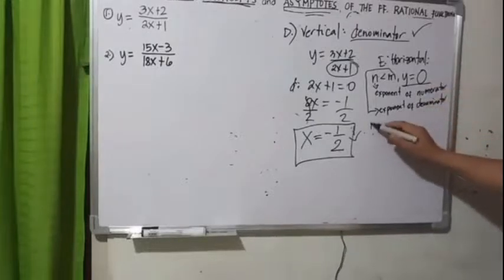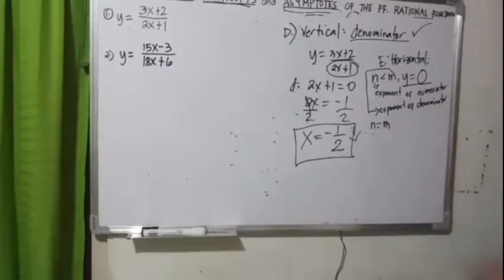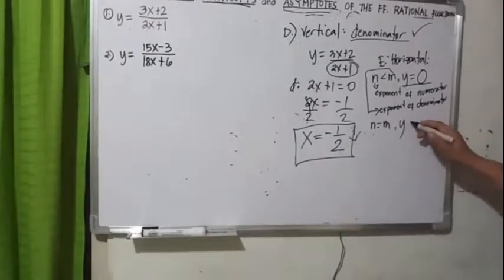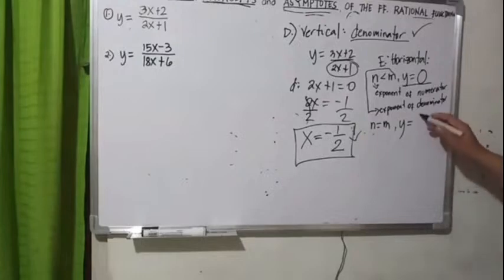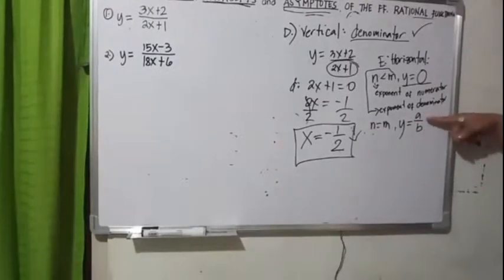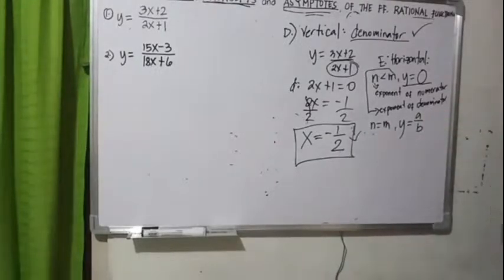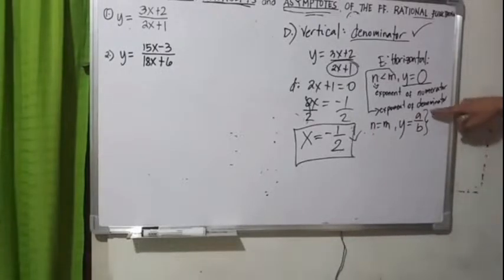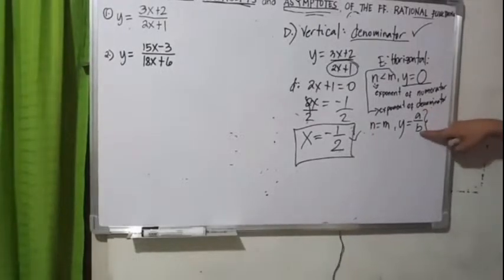How about n equals m? What is the horizontal asymptote? So horizontal asymptote is y equals a over b. Saan natin makita yung value ng a over b? That is the numerical coefficient of the leading term of the numerator and the denominator.